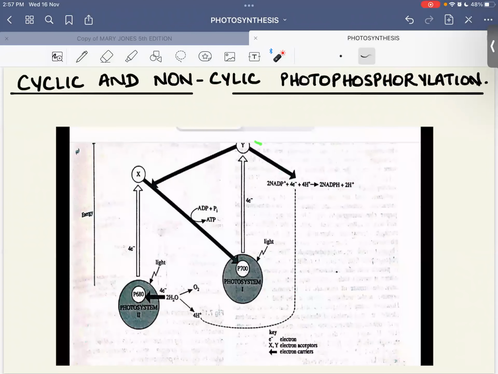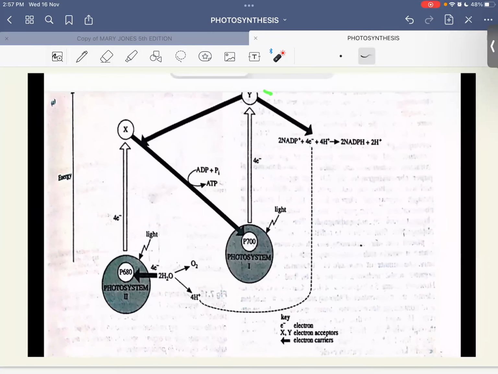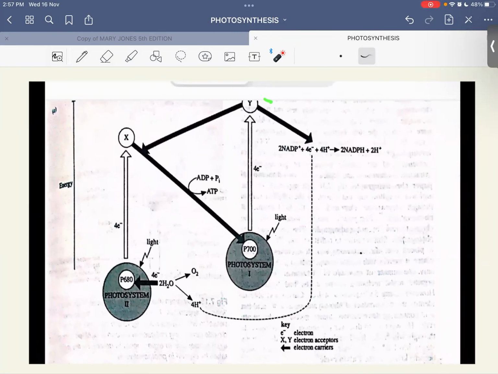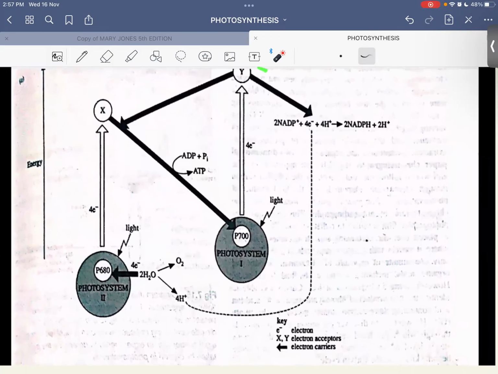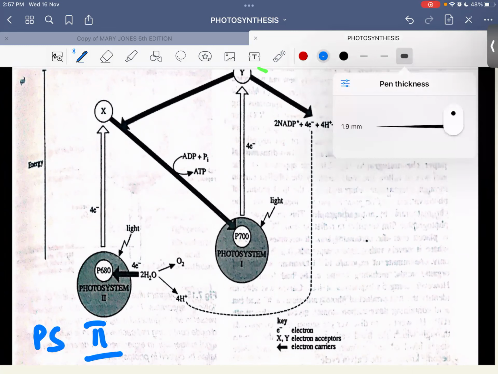अब ये देखो. Cyclic and non-cyclic photophosphorylation. What is shown to you over here is you've been shown two photosystems. One is photosystem 1 and the other is photosystem 2. ये रहा photosystem 2. This is photosystem 2, PS2, and this is PS1.